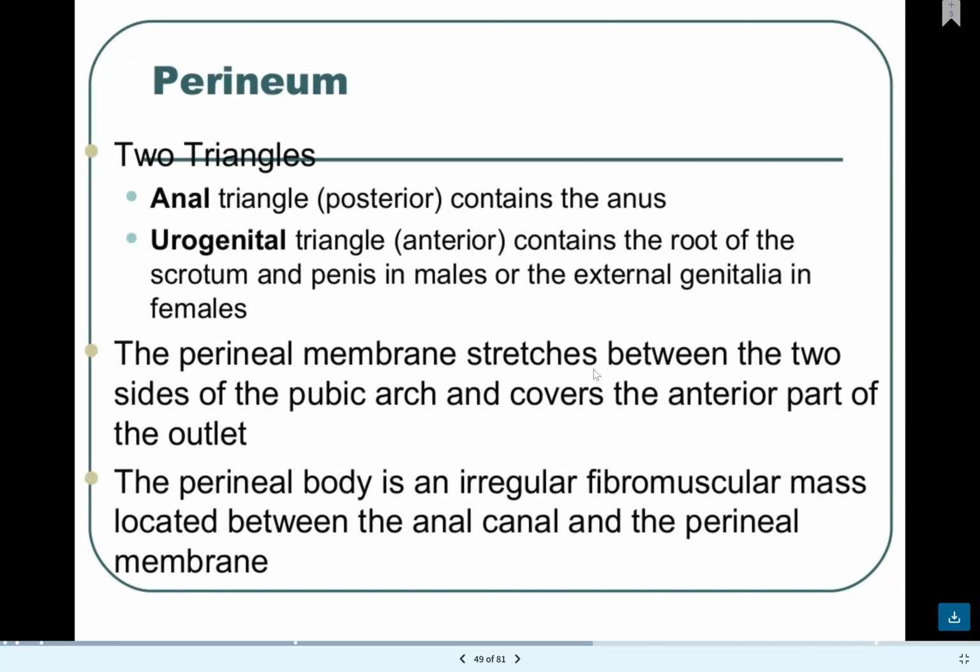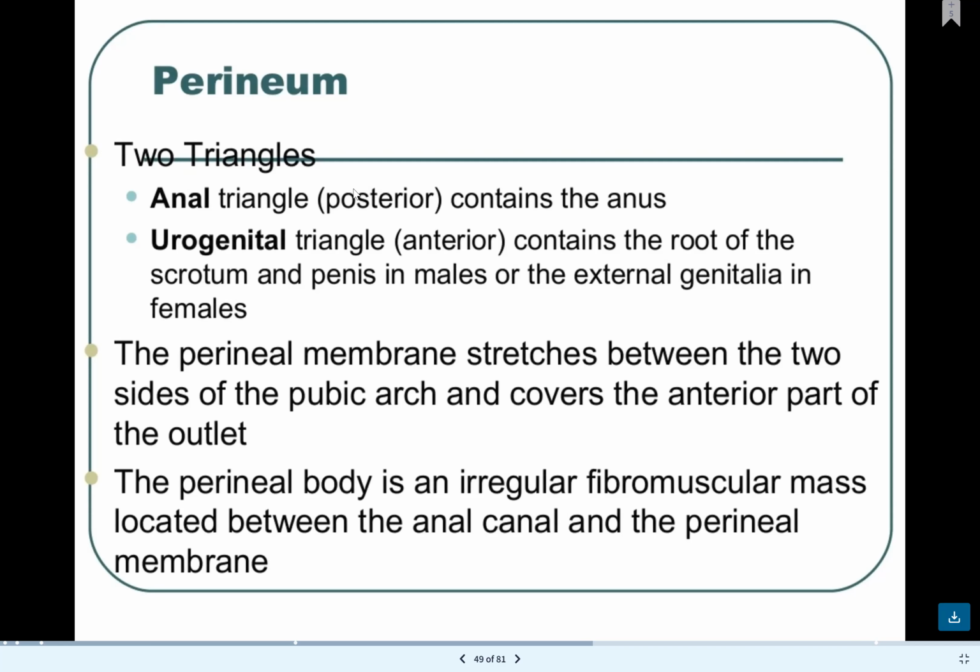Now, when I was looking at the perineum earlier, I told you that between the perineal body, the spine of the pubis and the upper part, it forms a triangle. So there are two triangles that we always see in the perineum. We call them the perineal triangles: the anal triangle and the urogenital triangle.